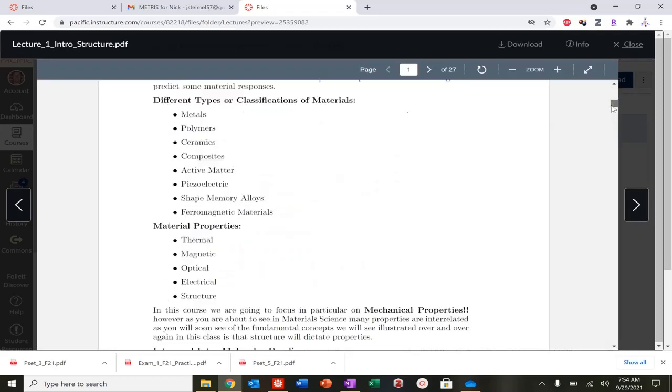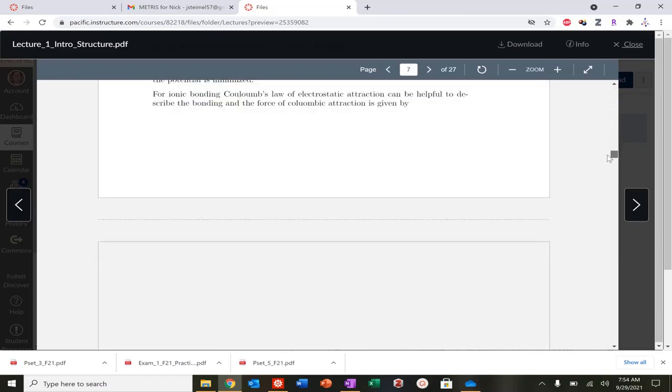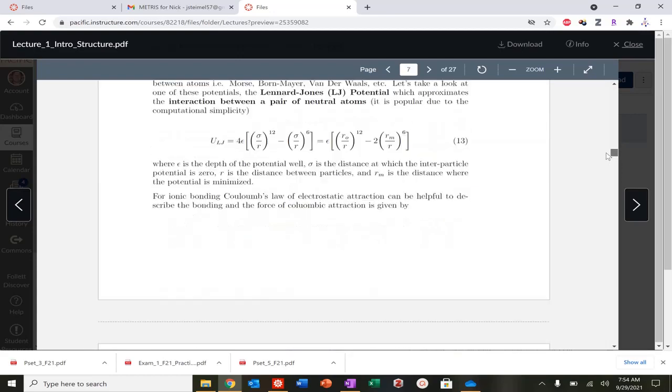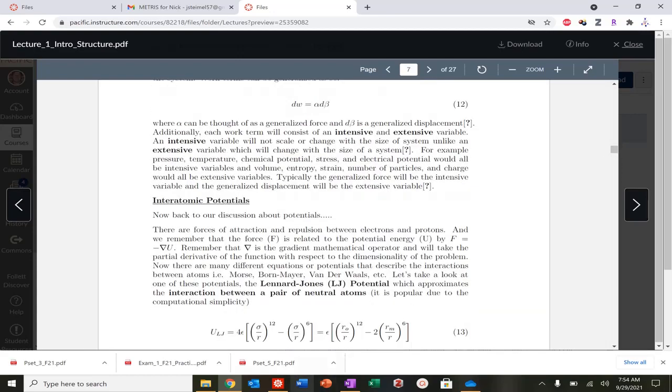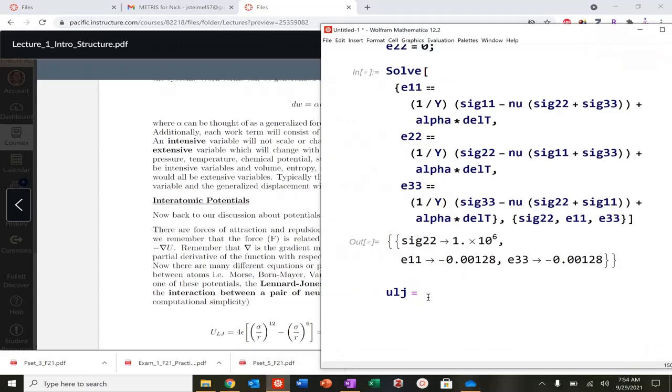I believe it should be 4 epsilon, but I want to make sure. Yep, 4 epsilon. So let's go ahead. Lennard-Jones is equal to 4 times epsilon times sigma divided by r to the 12th minus sigma divided by r to the 6th. So we'll put that there.